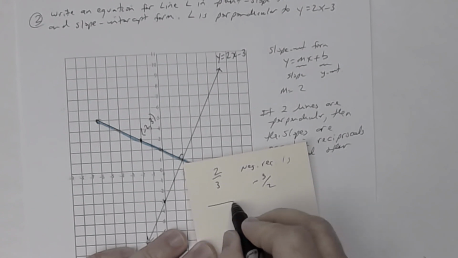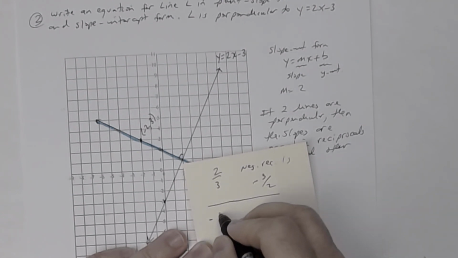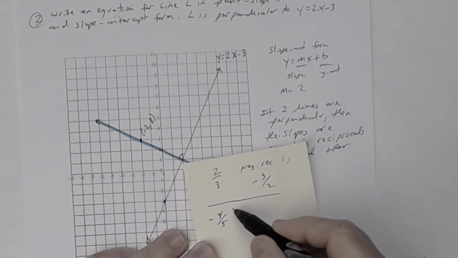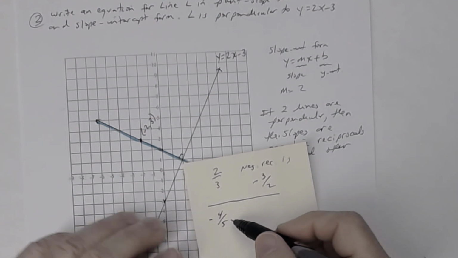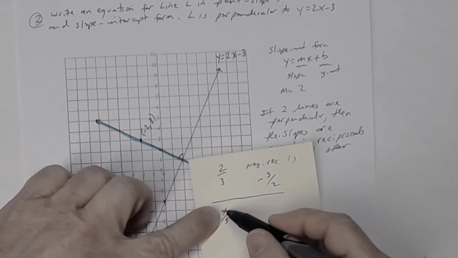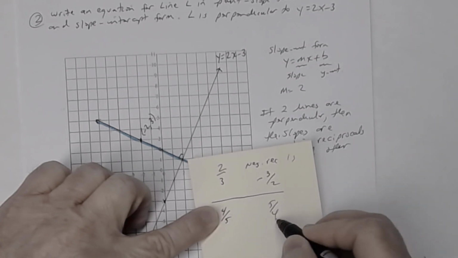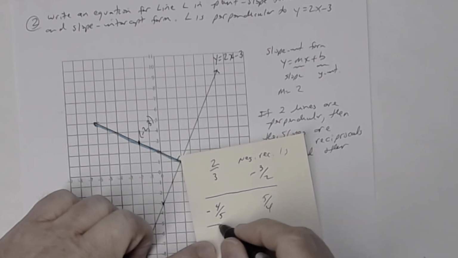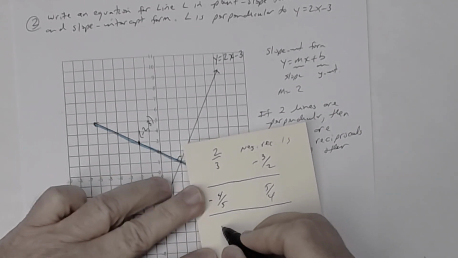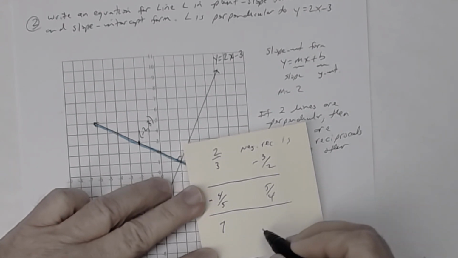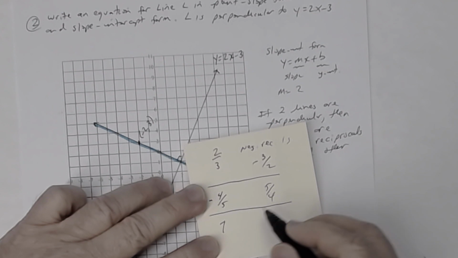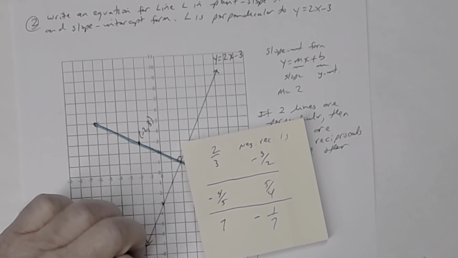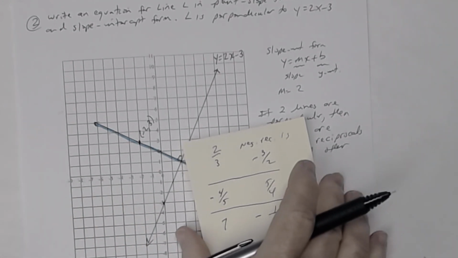Another example, if I have negative 4/5, then I take the reciprocal, so the reciprocal of 4/5 is 5/4, and I take the opposite sign. So this is negative, this becomes positive. If I look at an integer, let's say 7, the reciprocal of 7 is 1/7, and then I change the sign. This is positive, this becomes negative. So that's what I mean by negative reciprocal of a number.